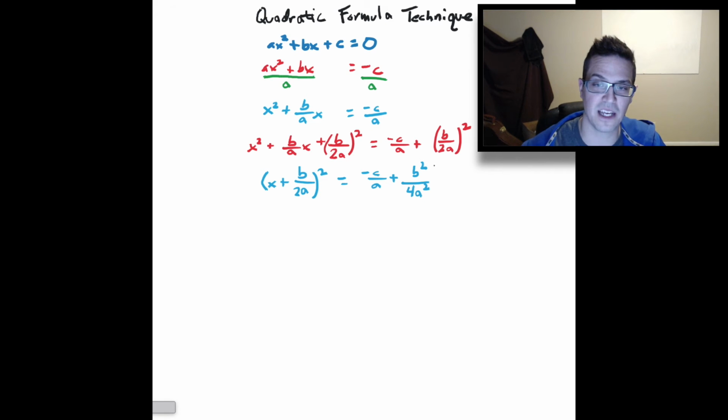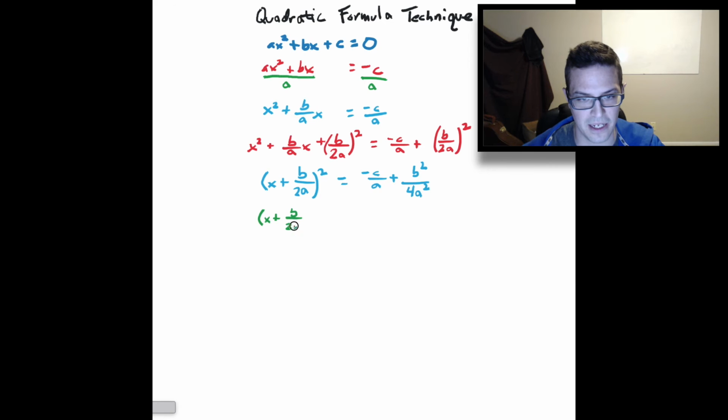Okay, the next thing I'm going to do is simplify this right side so that it has a common denominator. So I'm just going to rewrite this really quick. So we have x plus b over 2a squared is equal to, okay, the common denominator in this case would be 4a squared.